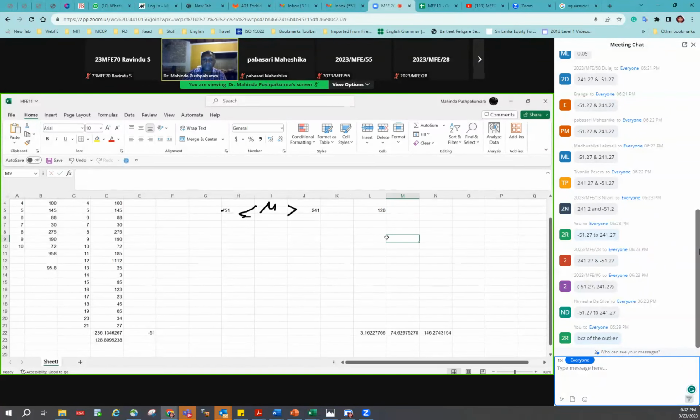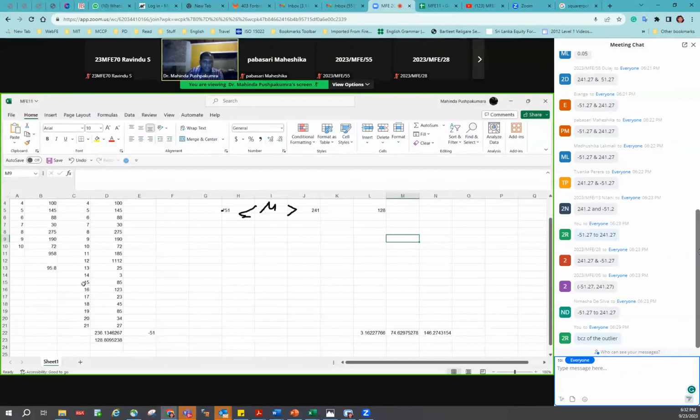But this is a wrong mean. 128 is included here, but the 0 is also included, no, minus 51 to 241. Then you can make that statement, but it says that sometimes it may be 0.